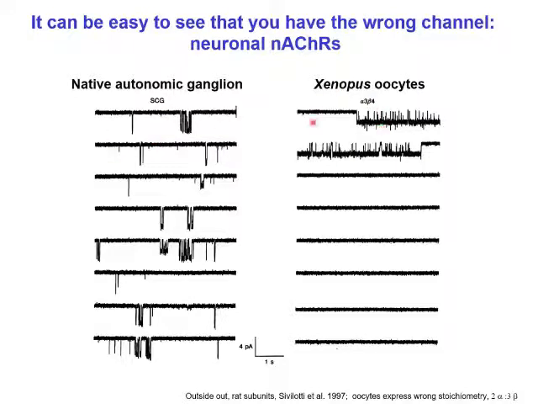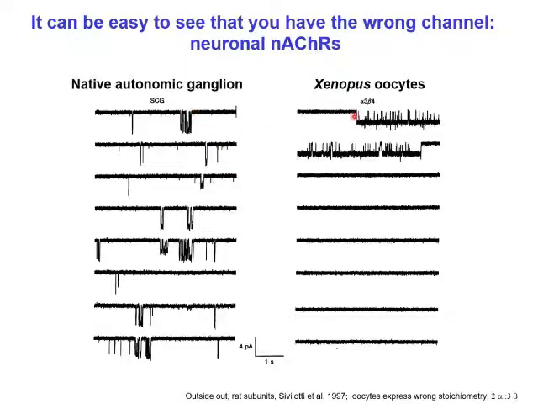And I was comparing them with the single channel openings that you get if you inject Xenopus oocytes with alpha 3 beta 4 subunits, or rather DNA for these subunits, which are supposed to be the major constituents of native autonomic neuronal nicotinics. And you don't need to do very difficult measurements to see that these two channels are completely different.